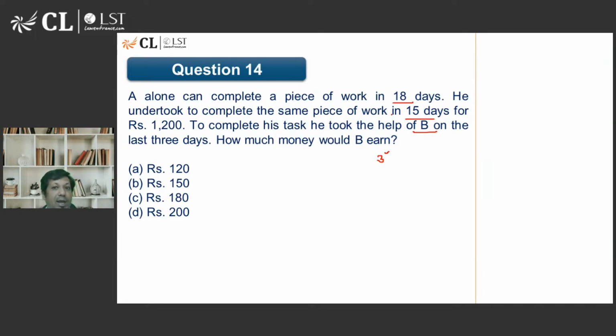And 3 days out of how many? 18 days. It means B is doing 1/6 of the work, so B will be getting 1/6 of the pay. That is 1200 divided by 6, or 200 rupees. You can directly solve this question without making an equation, just by pure simple logic. The answer is right there in front of your eyes.